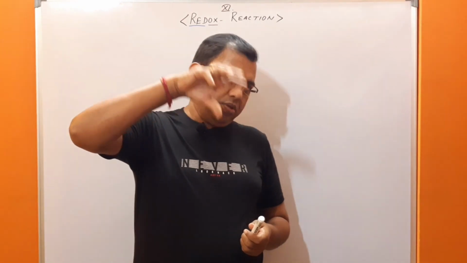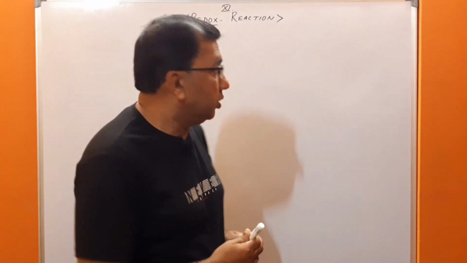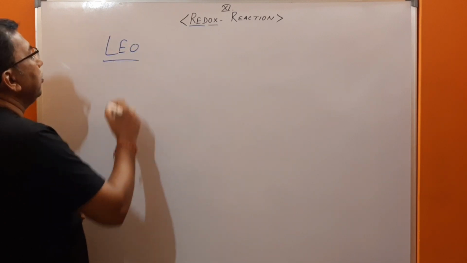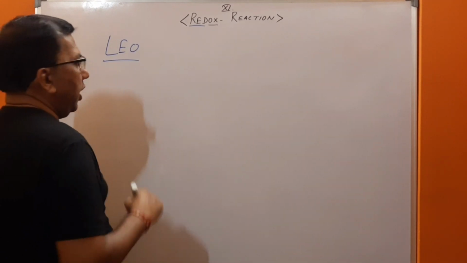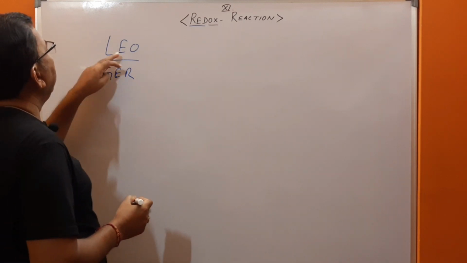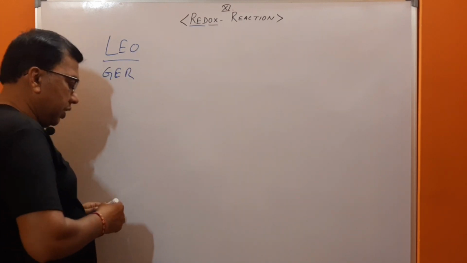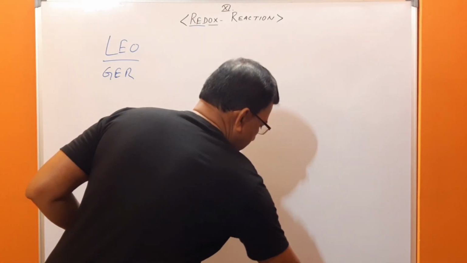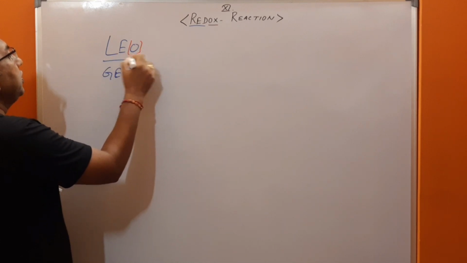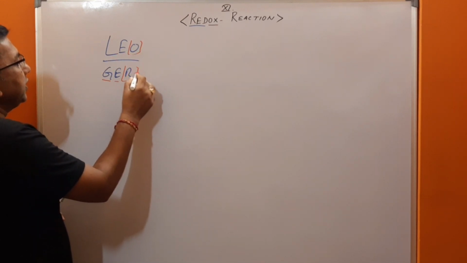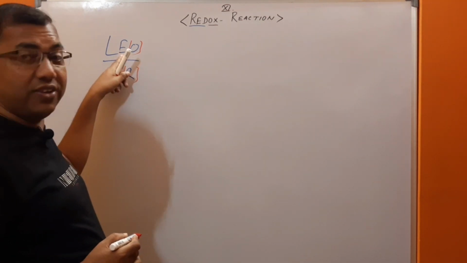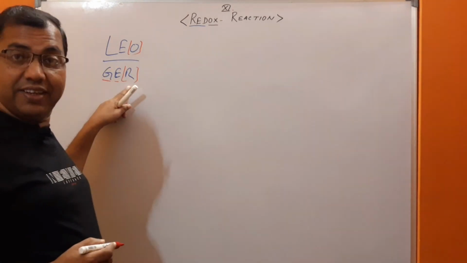When an atom or element gains electrons... Remember LEO the lion: loss of electron is oxidation. Gain of electron, reduction.